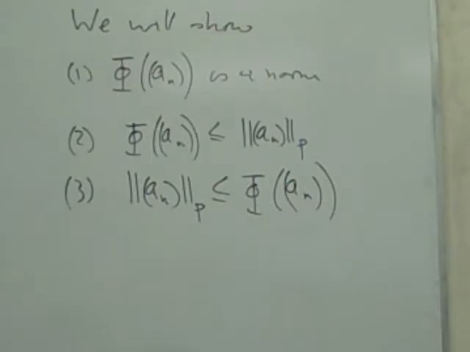If we can do those three things, then that will prove the result, because 2 and 3 say that this phi is just the p norm in a disguised form, and 1 will then tell us that we actually do have a norm.